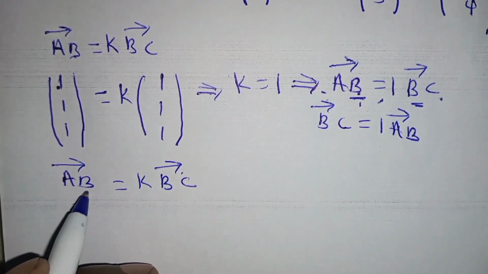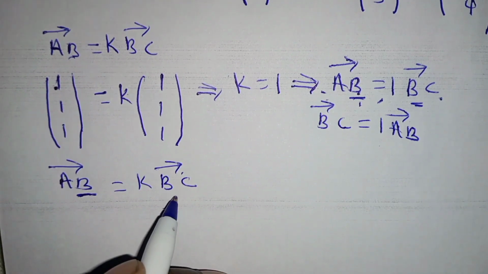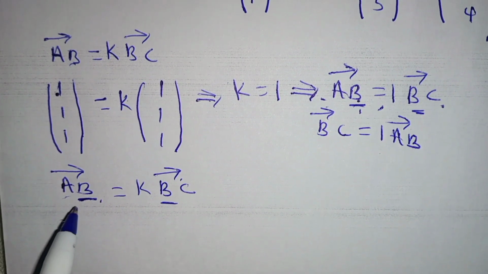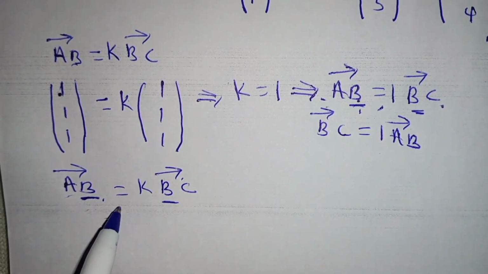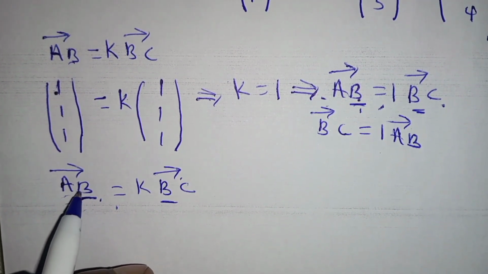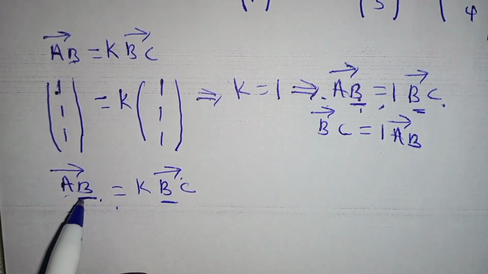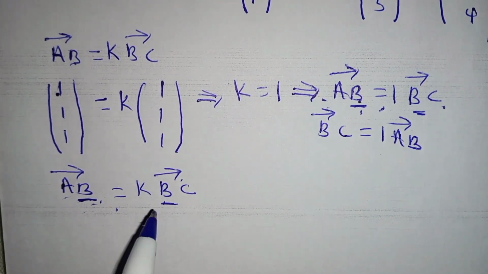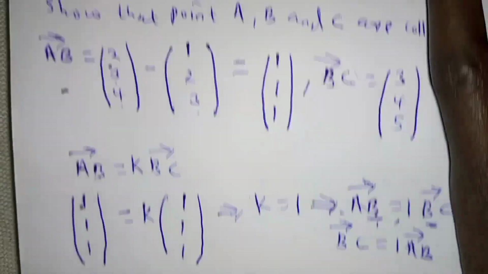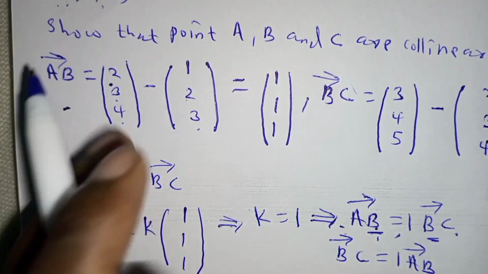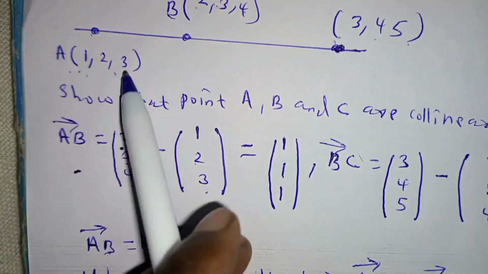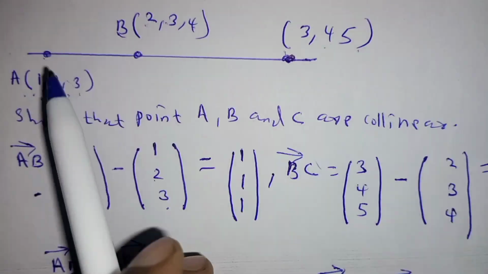In our case, our common point is point B. So since they can be expressed as a scalar multiple of one another and they share a common point, then it means they are collinear. Collinear vectors are vectors which are along the same line. Like in this case, they are along the same line here.